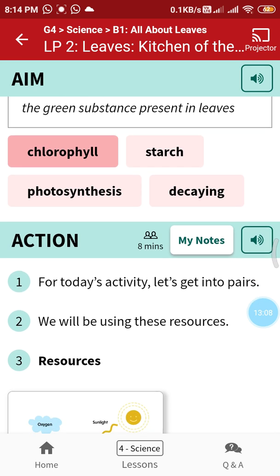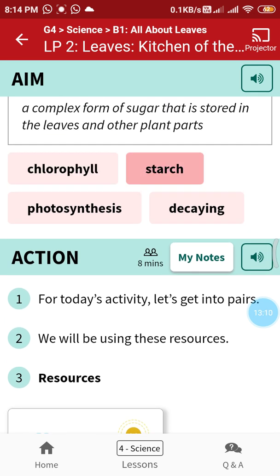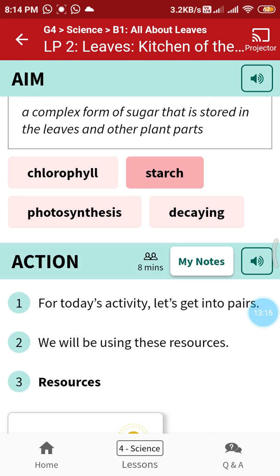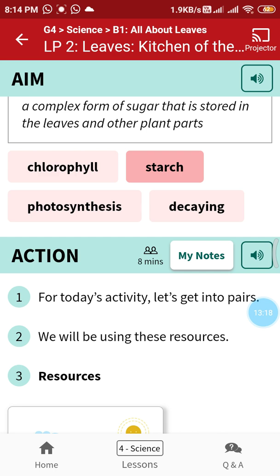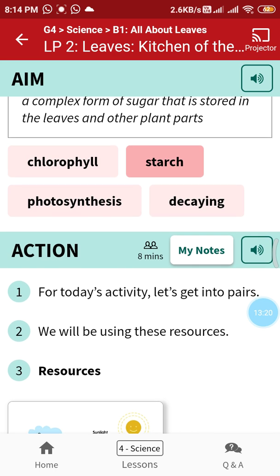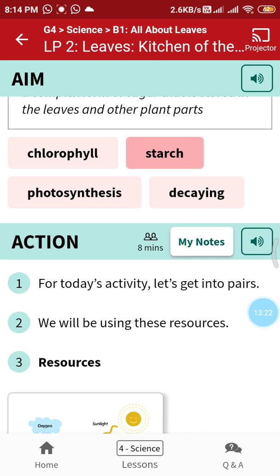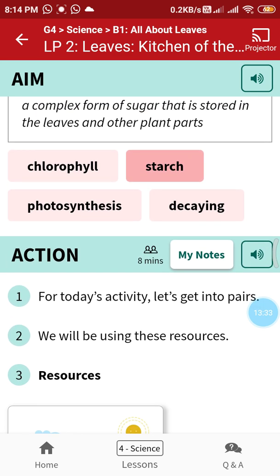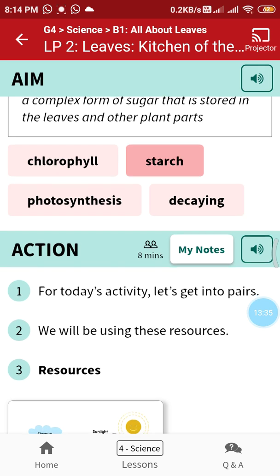Okay, now when you see the starch, starch means it's a form of sugar and that is stored in the leaves and other plant parts. So the starch is the extra food. The food prepared by the plants is stored in the form of starch. Starch is a form of sugar which is stored in the leaves.